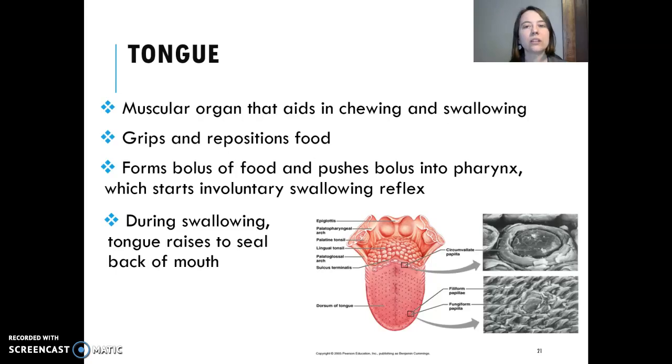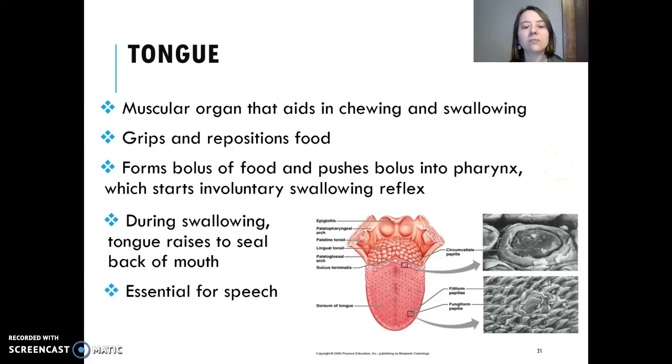During swallowing, the tongue raises to seal the back of the mouth, and then also the uvula goes up to seal off the nasopharynx, and then your epiglottis will tip to seal off the trachea. So that's all part of your involuntary swallowing reflex.